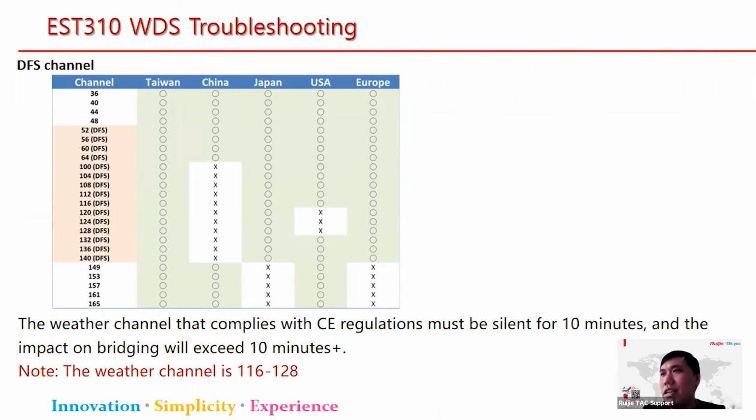This channel, in China, we declare as a weather channel, compliant with the CE regulation. So they need to comply, and we need to configure silence for 10 minutes. After the 10 minutes, the bridge will be up. Please don't panic if you selected this channel to build up your bridging.